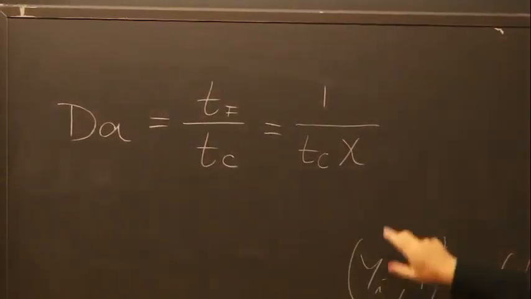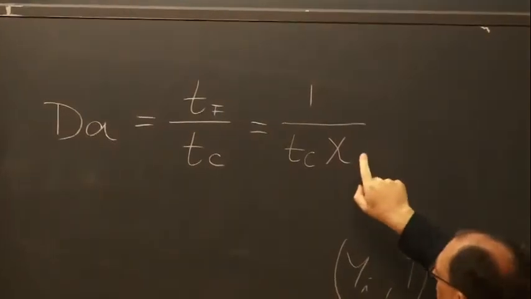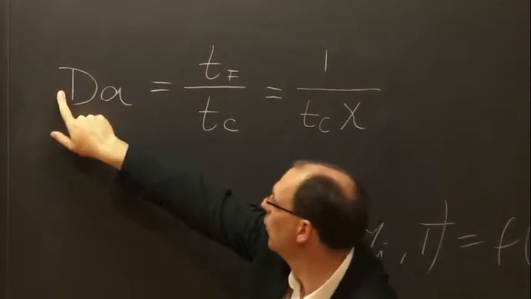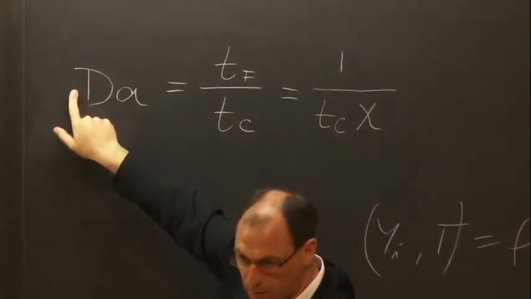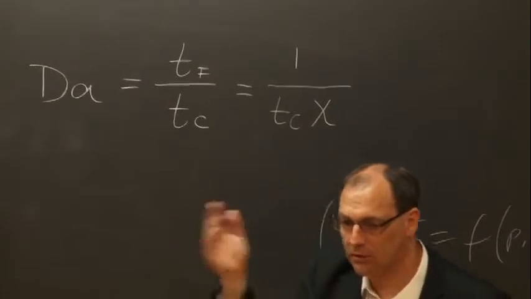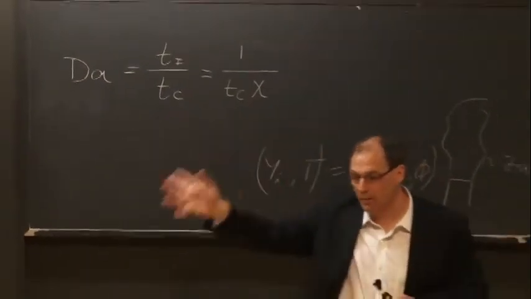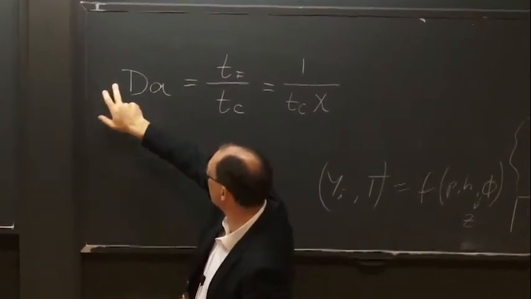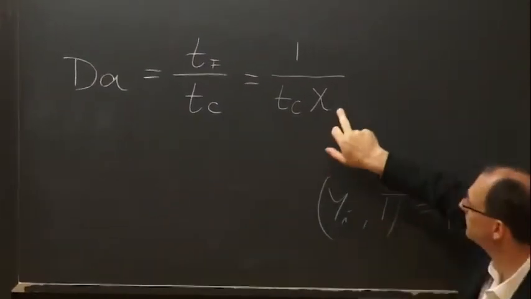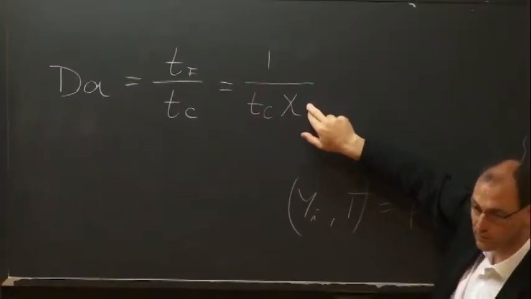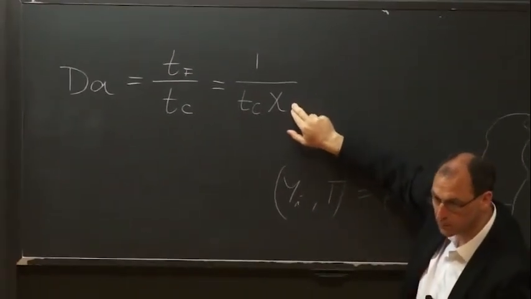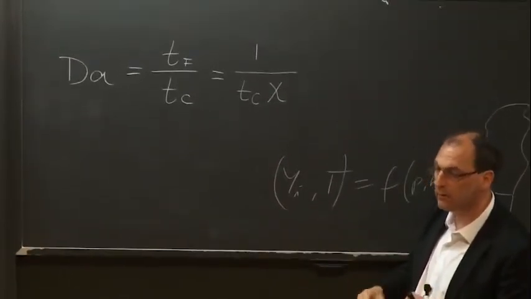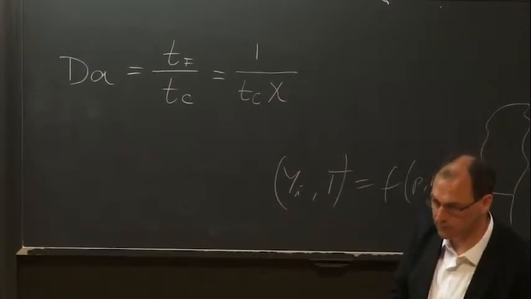So what you're saying is, fast chemistry would really be a very large Damköhler number, because when we say fast or slow, we always mean compared with something else. So here we talk about the flow time scale. So a large Damköhler number would mean a very small dissipation rate, because if you have very slow mixing, then the chemistry is fast compared to that.